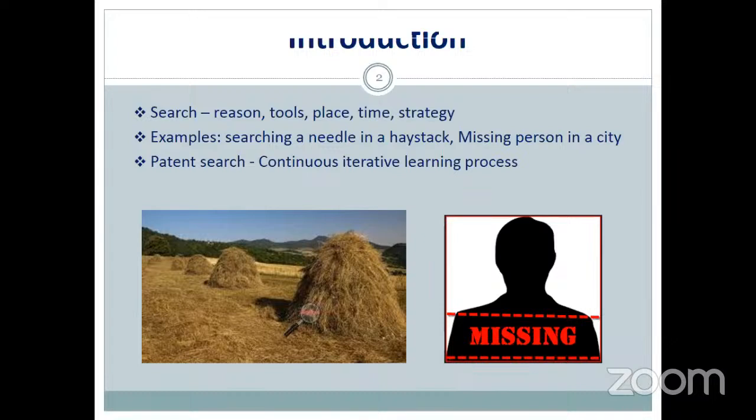In the first picture, the picture having the haystack, you need to search for a needle in this haystack. So how can you do it? Again, I request the participants to unmute yourself and say your views.